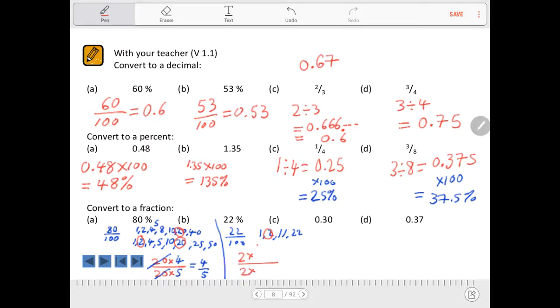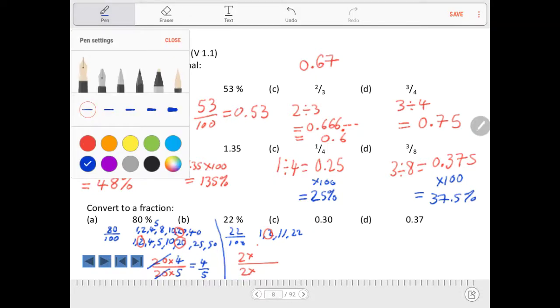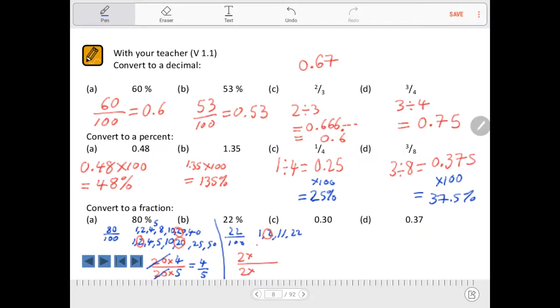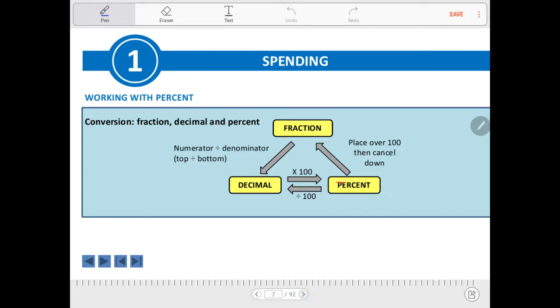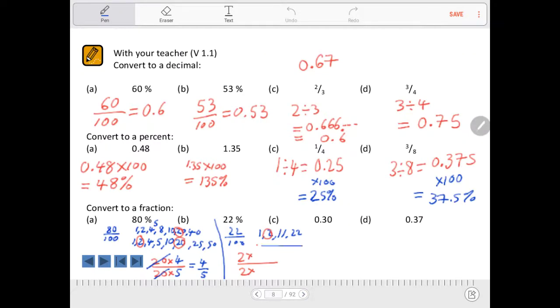So 2 times what will give 22 back again? 2 times 11. Sorry, my tablet's a bit funny here. 2 by 11. And for the 100, it's 2 by 50. So the 2s cancel out. And the answer here is 11 over 50.